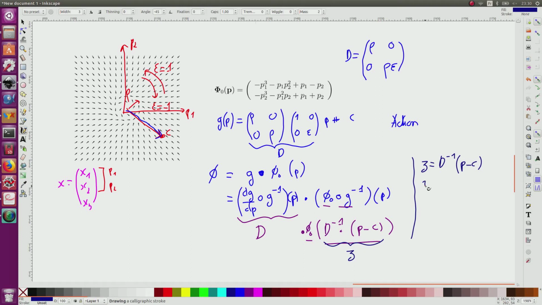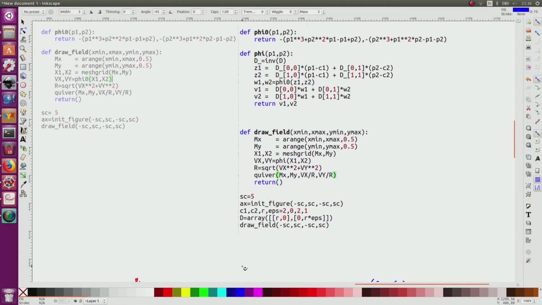Then I will have a new variable phi 0 of Z, and then the whole vector corresponding to phi will be D multiplied by W. I took the same program as previously, so the definition of V0.